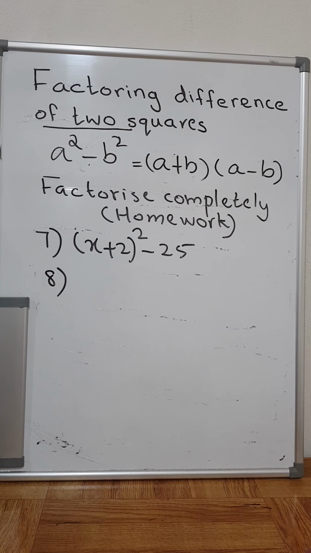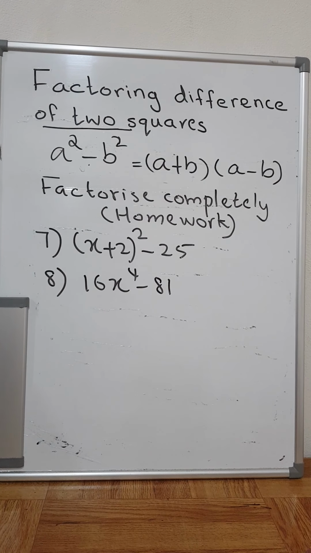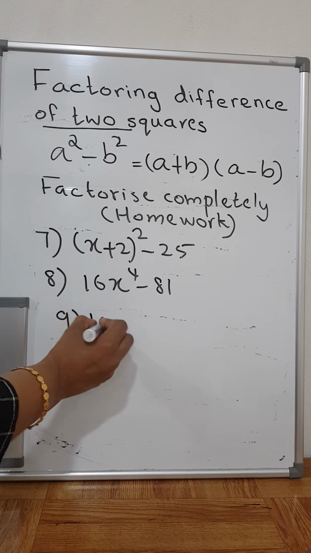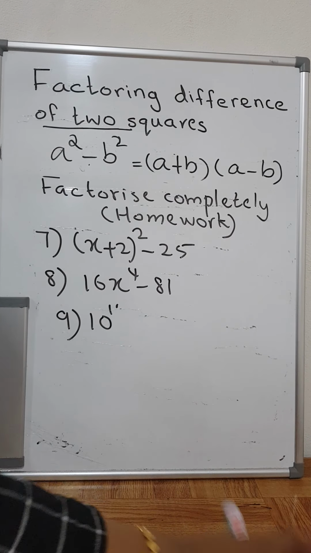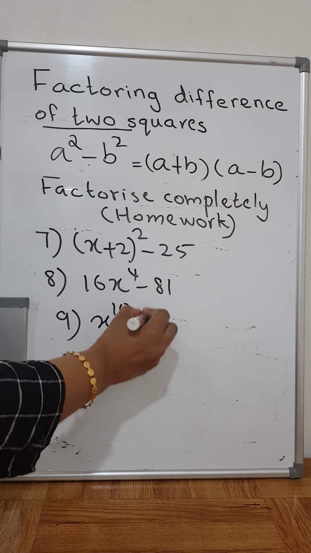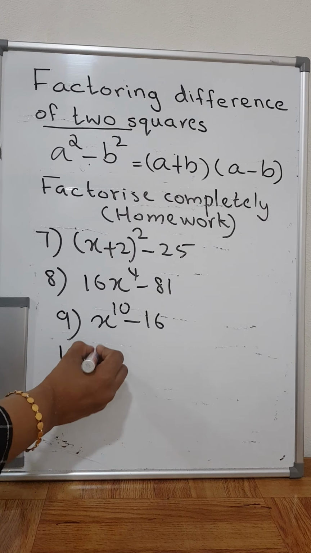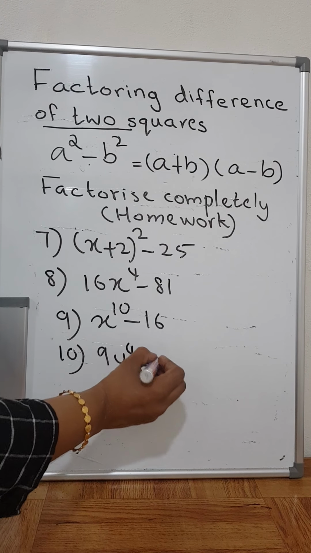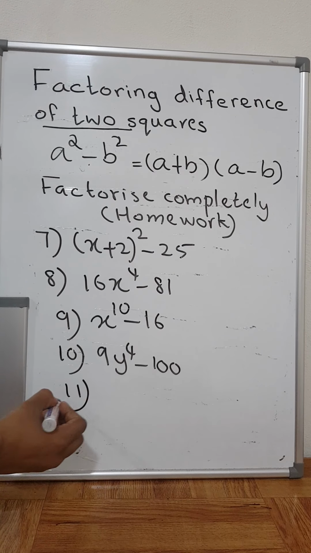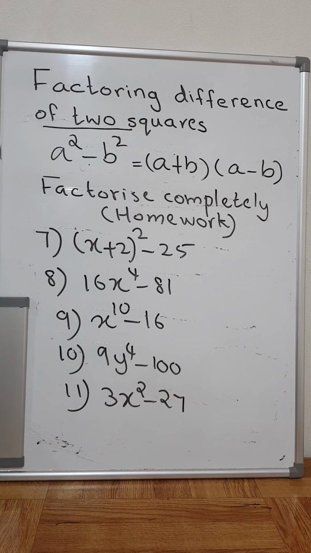Eighth, 16x to the power 4 minus 81. Ninth one, x to the power 10 minus 16. 10th, 9y to the power 4 minus 100. 11, 3x square minus 27.